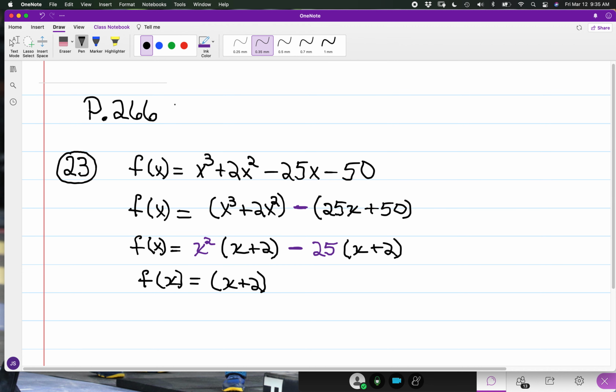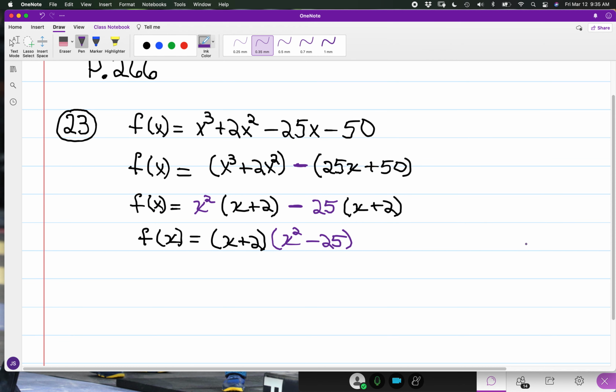And the other factor at this stage clusters together the outside terms in operation. So we have x squared minus 25, and with x squared minus 25, we have a difference of squares.